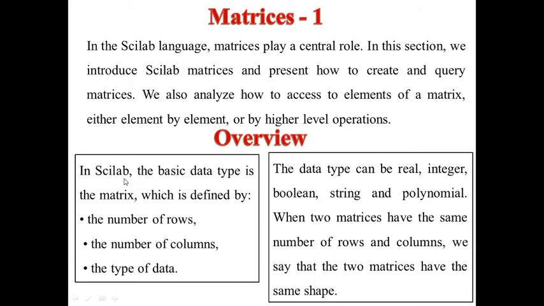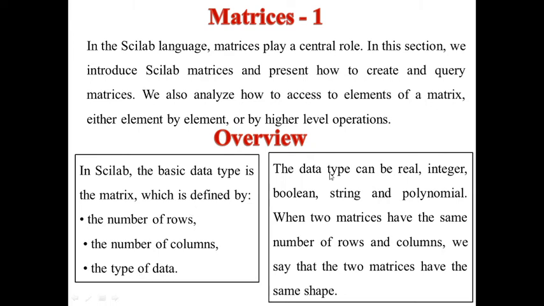So in Scilab, it is a basic data type. This data type can be defined by using three different variables: rows, columns and the type of data. That is only number of rows, number of columns and the data. You will be specifying 3 by 3, 4 by 4, 1 by 1. So that is called the matrix. In that you will be specifying that is the data.